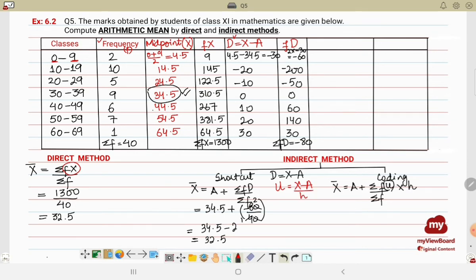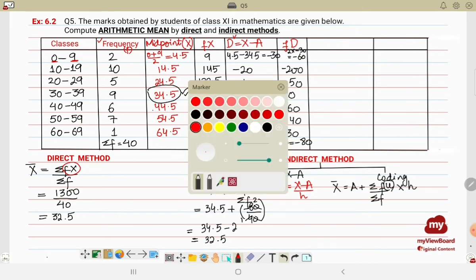So u is equal to x minus a over h, you have the formula.